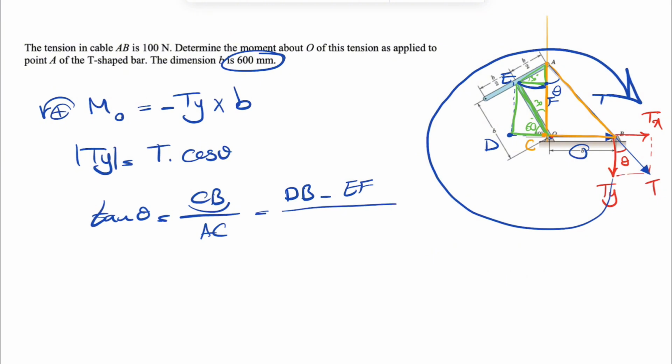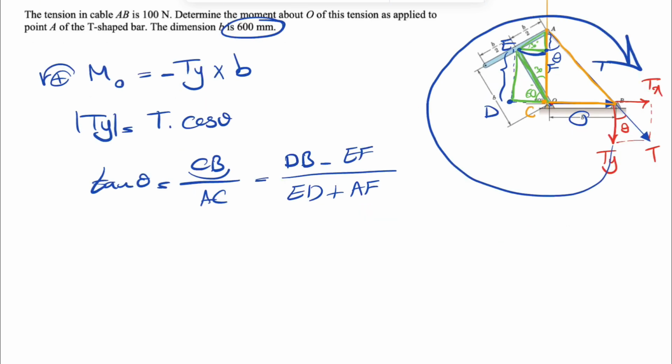If we want to find the AC or the denominator, we have basically ED, which is this side, plus this little part in here, which we can call AF. For finding DB, we have the distance from D to B, which is B, plus the base of the right triangle, which this time would be B cosine of 60.